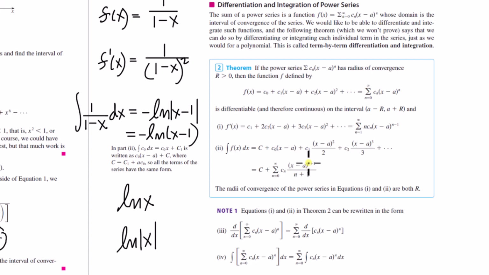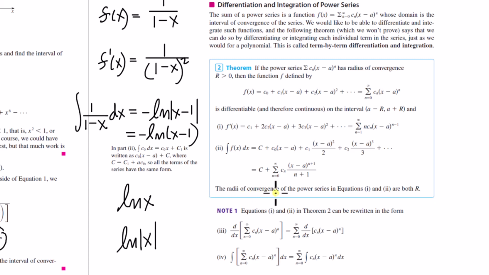This is x minus a to the n plus 1 over n plus 1, and you're done. Now in this case, you don't ever have to change the starting point, because with integration no terms are going to go away no matter what, but you add a plus c though. Now we're going to talk about how we deal with this plus c in a second. But that's how you differentiate and integrate power series.